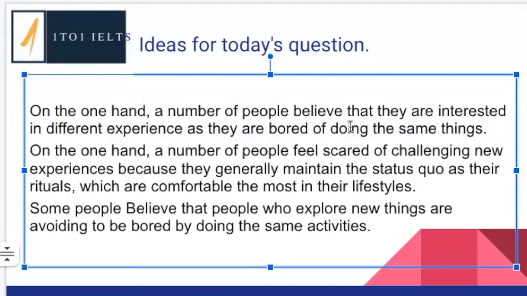Then the next part's a little bit different. So I said a number of people believe they are interested in different experiences. So do they believe they are? Because this refers to the people who are doing the believing or someone else. So are we referring to the people doing the believing, or are we referring to just people in general?